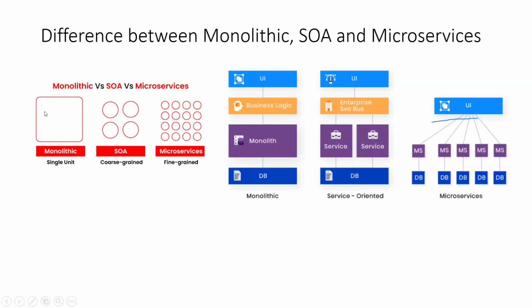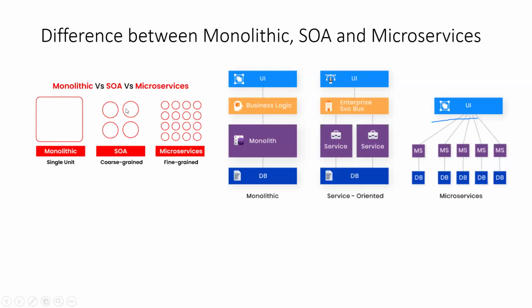That is called monolithic. When it comes to service-oriented architecture, I identify what modules are there in my single source code. For example, user service, I have a registration service, a payment service, a payroll service. All of these are identified and made into independent services.